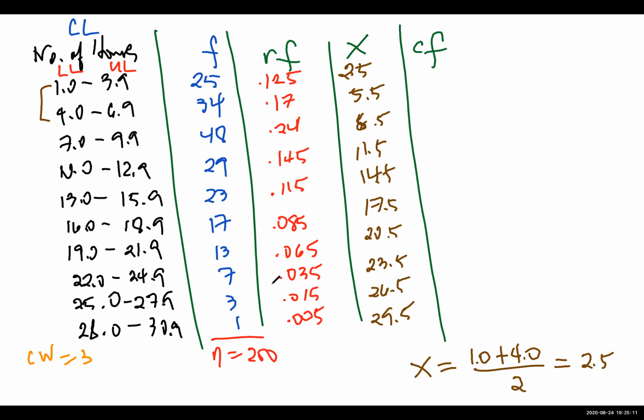Next one, CF. Do you remember how to get the cumulative frequency? How do we start? You start with the very first F, which is 25, and then add the 34. The 25 plus 34 is 59.